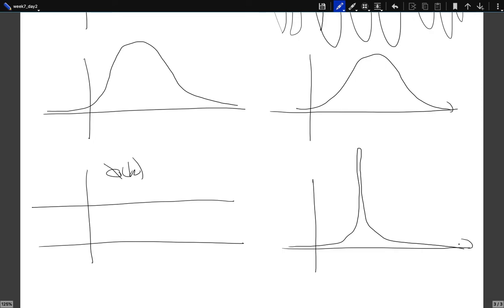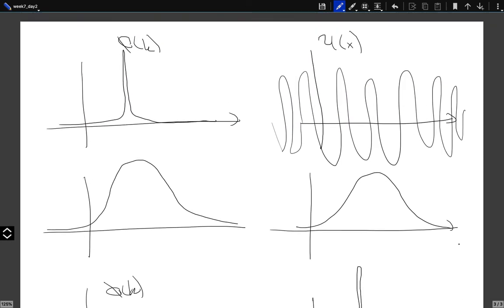If you choose one of them to be narrow, like this, the other one becomes very broad. And there is no way to avoid it. So this is the essence of the uncertainty principle.